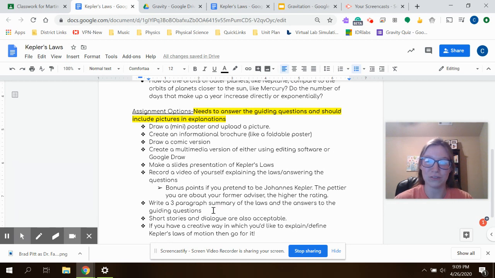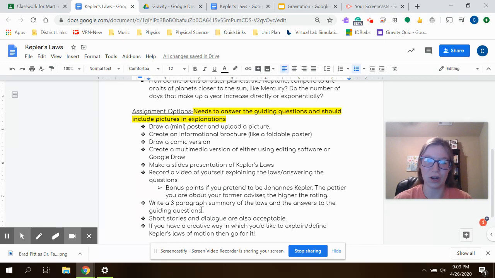Write a 3-paragraph summary of the laws and the answer to the guiding questions. Short stories, dialogues, poems, I don't particularly care about the format. I just like you to be creative with this. Have some fun. Kepler's laws aren't that exciting, or maybe exciting isn't the right word here. It's a lot of math, but we're not using the math.